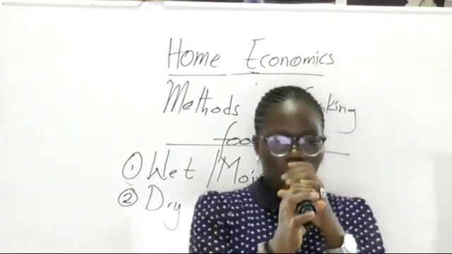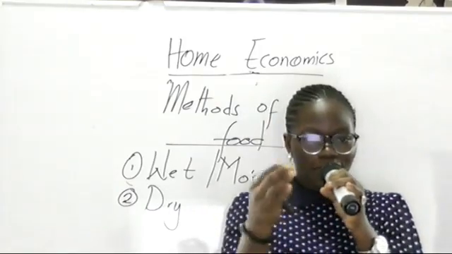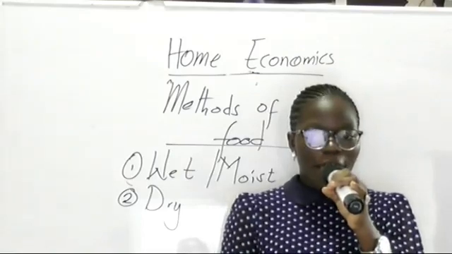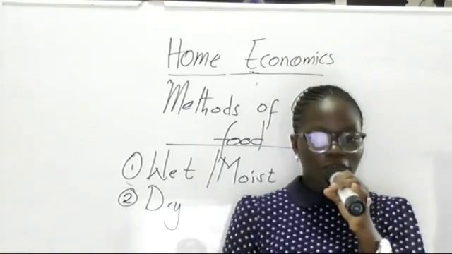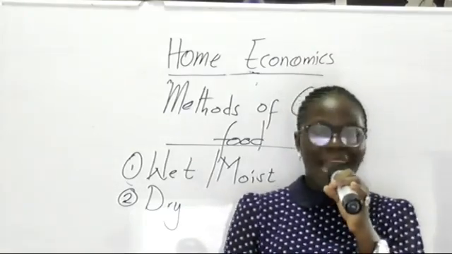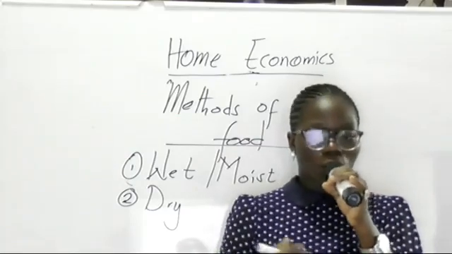Now, the first one, wet or moist method of cooking food. It is the method of cooking food whereby the food is cooked in liquid or by steam to make the food sticky and watery.